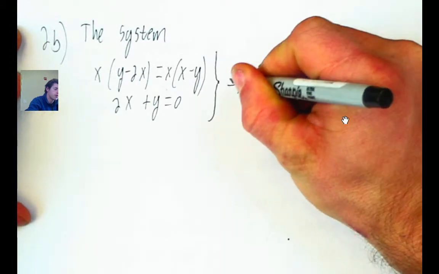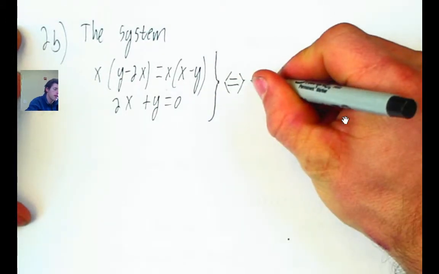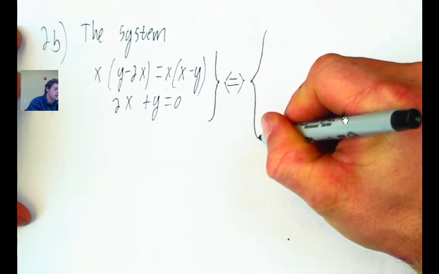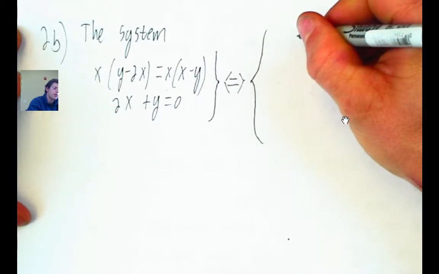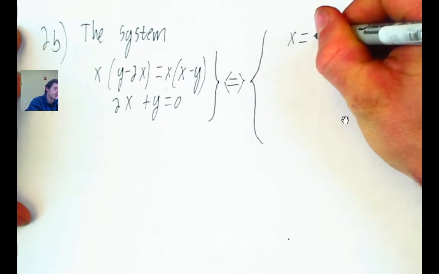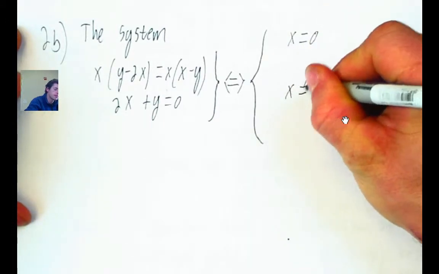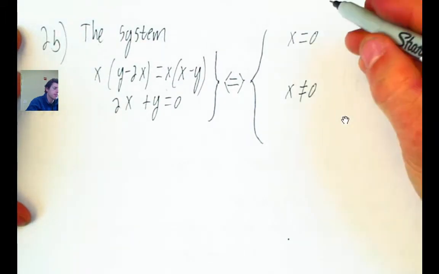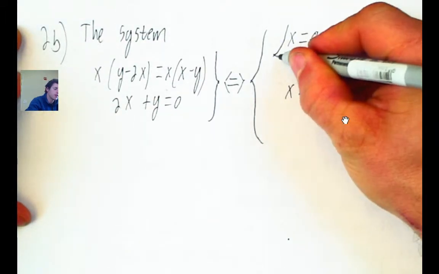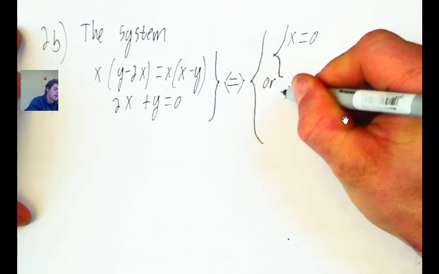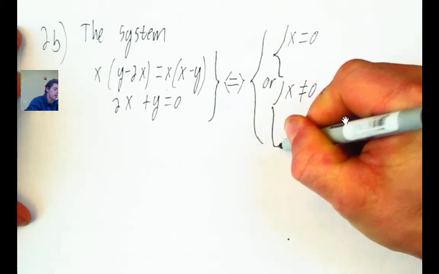I'm going to put those two equations together and say that this is equivalent to either a pair of equations where x is equal to 0, or some system of equations where x is not equal to 0. I'm going to make these different cases and see what happens.